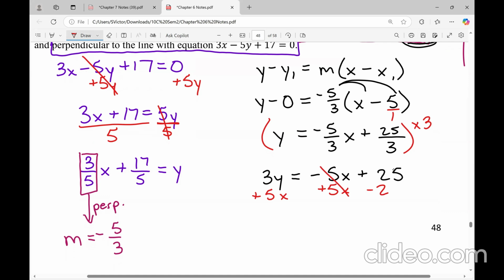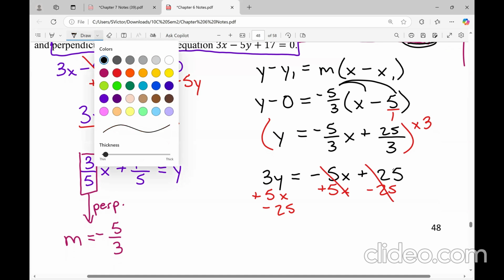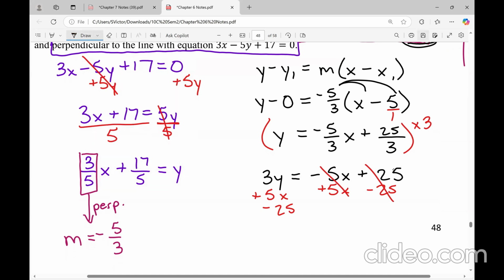We're going to have to go minus 25. Last step, just write everything in the right order. X term, y term, constant. Our x term is 5x. Our y term is positive 3y. And our constant is minus 25. And it's all equal to 0 now. Okay, we've answered the question now.